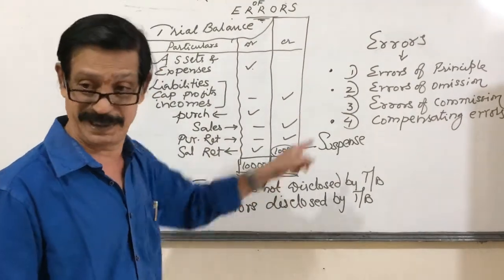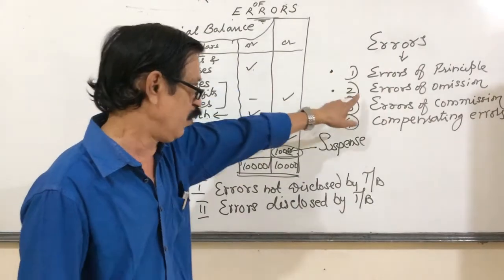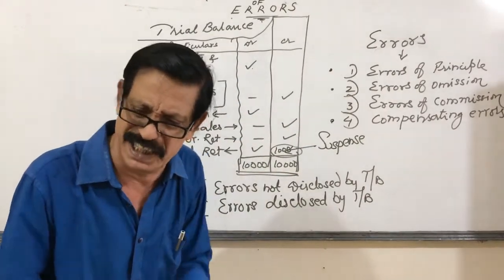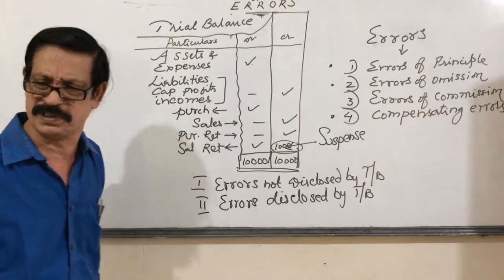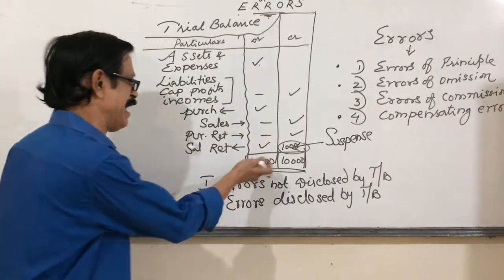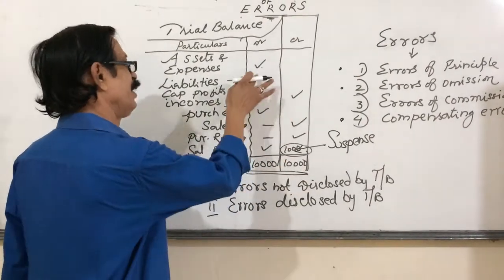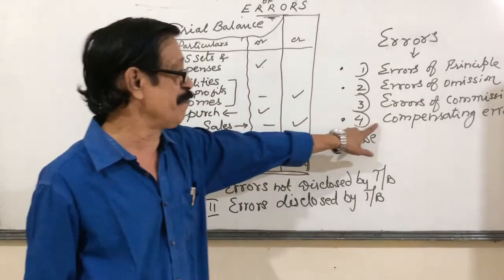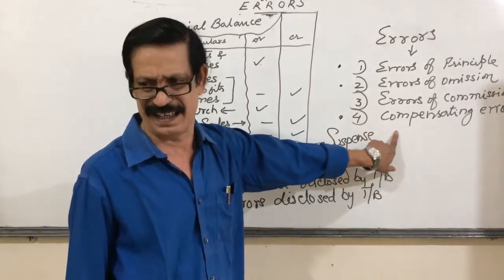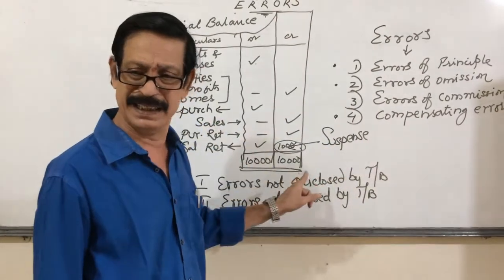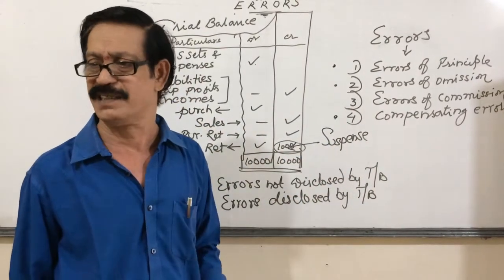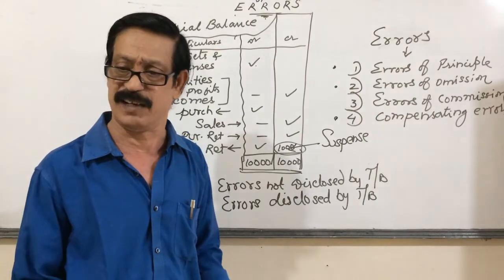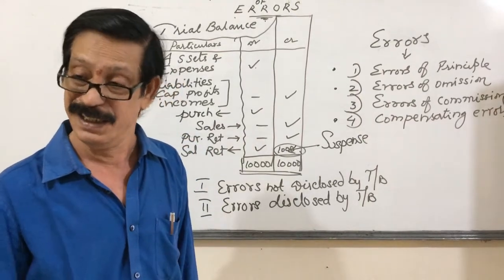So, trial balance will be tallied. Understand? Whole omission: a transaction is not recorded in the books. Automatically trial balance will be tallied because no debit is there, no credit is there. Next, compensating errors. These errors also may not be disclosed by trial balance because they are already compensated. One error compensated the other error.